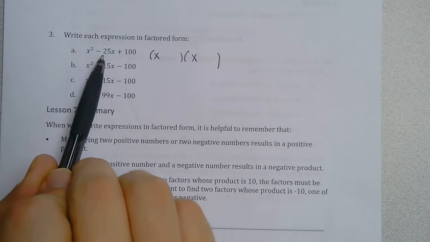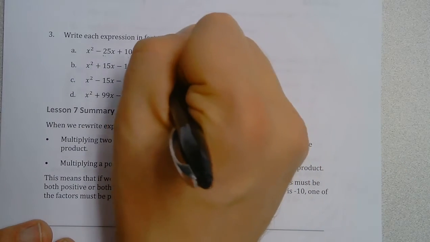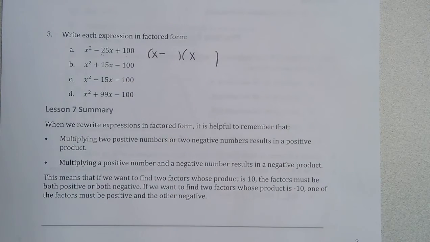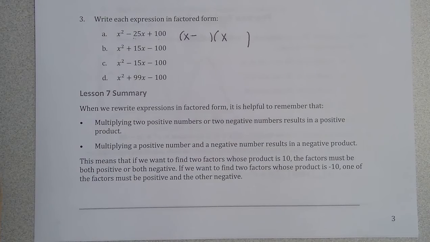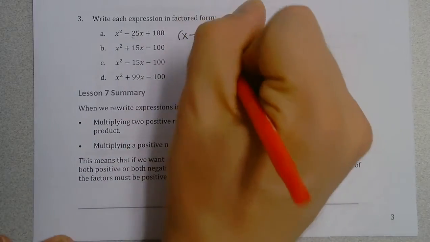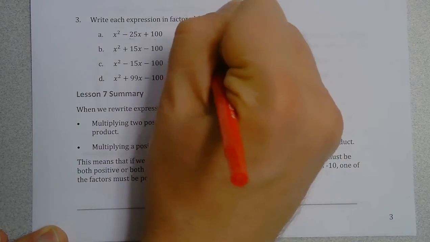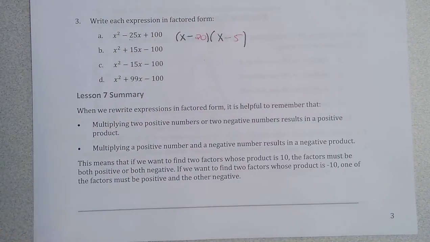And I know that the negative number is going to have to be bigger. So now I need factors of 100 that add together to be negative 25. So I know that they're both negative. And then I know negative 20 times 5 is negative 100.